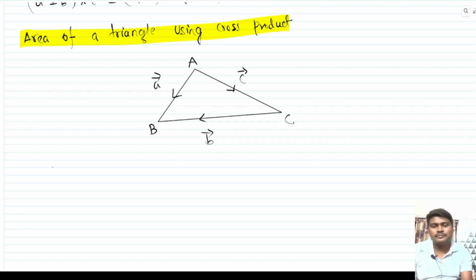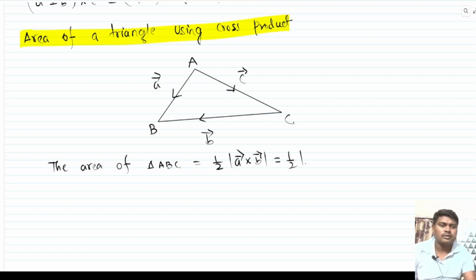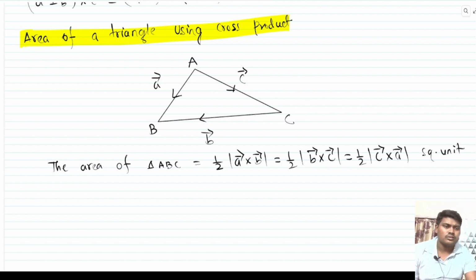Then the area of the triangle ABC is equal to half of mod a cross b, or it is equal to half of mod b cross c, or you can write it is equal to half of mod c cross a square unit.